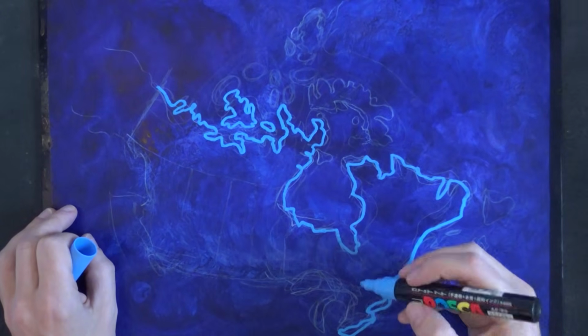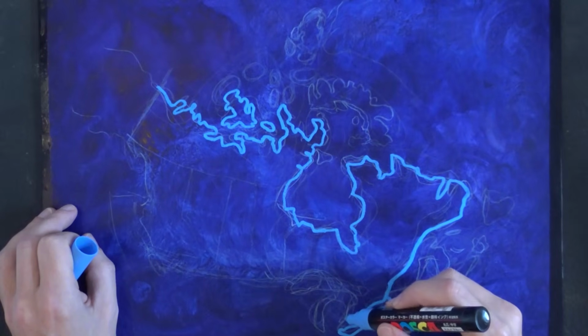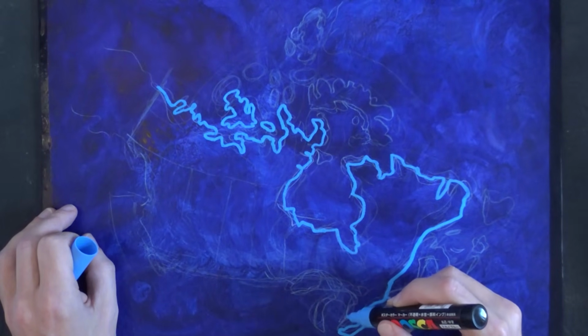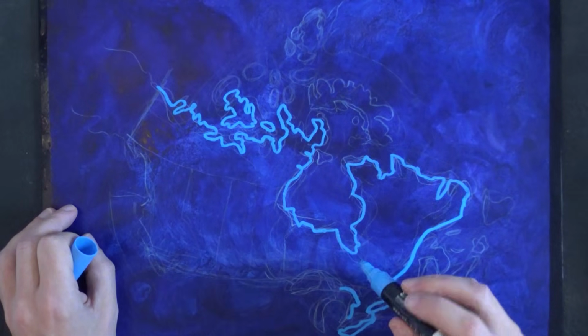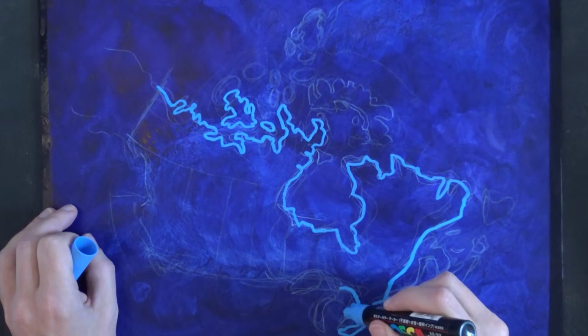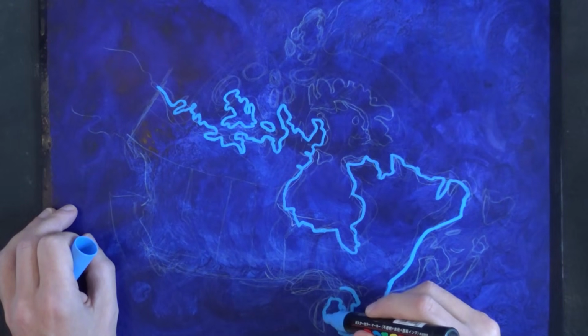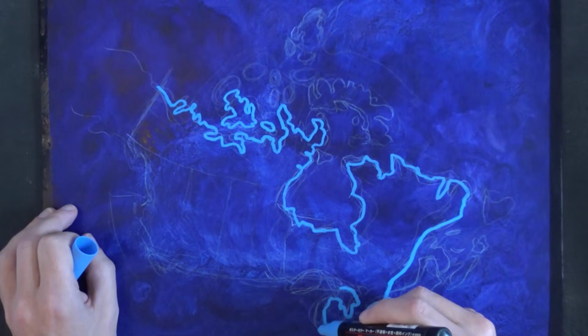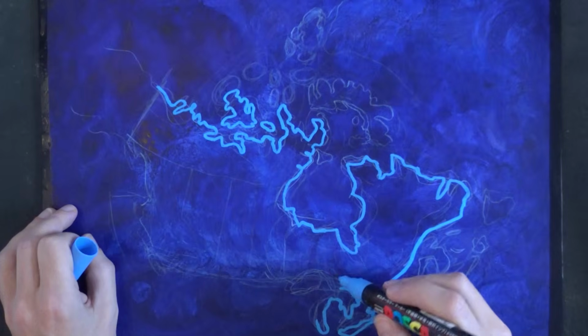Lake Erie to the south. So here we have the Great Lakes. Lake Huron. You can see Michigan, the US.